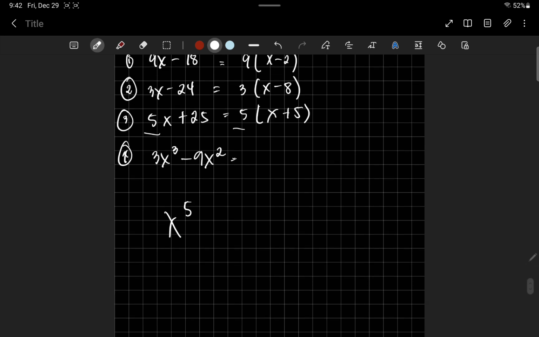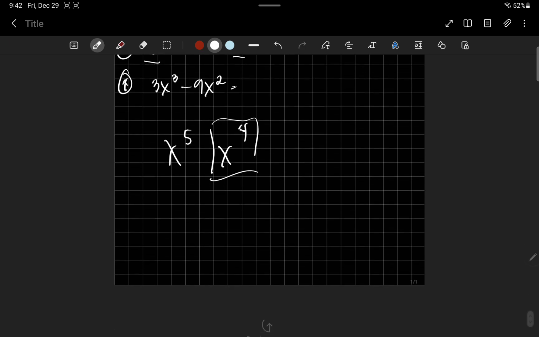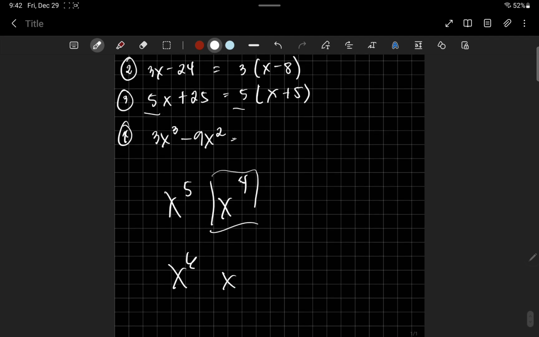If we have x raised to 5 and x raised to 4, the common factor between these two terms is yung may pinakamaliit na number ng exponent, which is x raised to 4. Okay? Another one, if we have x raised to 6 and x raised to 3, the common factor is x raised to 3. Nakuha? If we have x raised to 7 and x raised to 2, the common factor is x raised to 2.